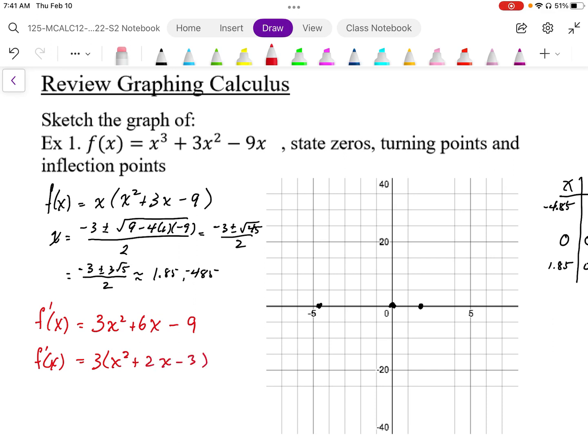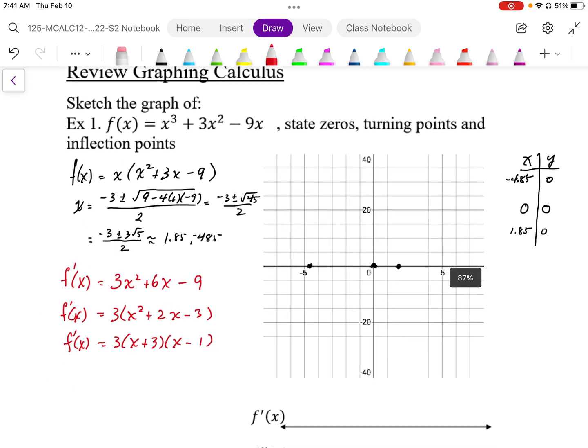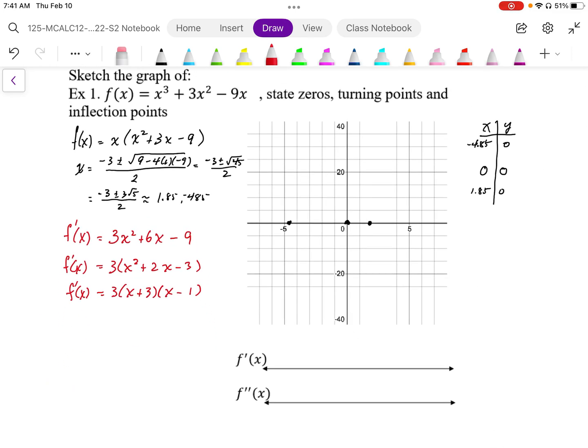And it looks like this is factorable. So this becomes 3 times x plus 3, x minus 1. Okay, so this gives me some points to work with. So I know I have a min or max at negative 3, and I have one at positive 1. So I have 0 slopes there.